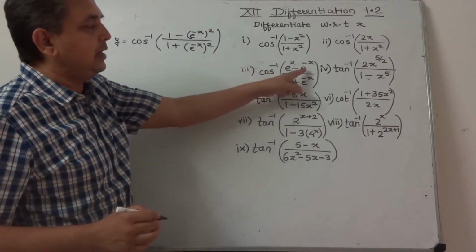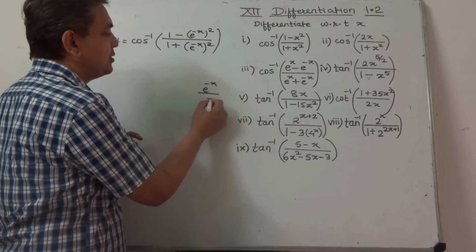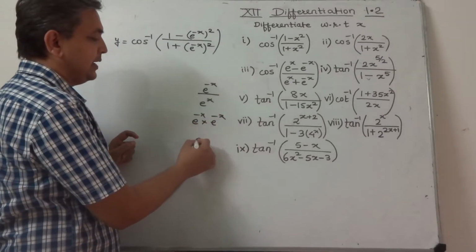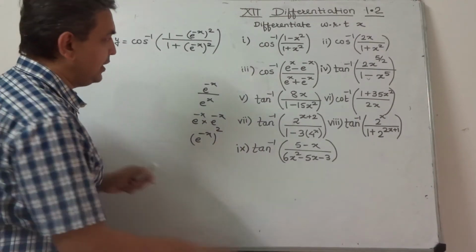Understood this? Divide this by e raised to x. So we get e raised to minus x upon e raised to x. That is e raised to minus x into e raised to minus x. That is e raised to minus x whole square. So we have written this term.